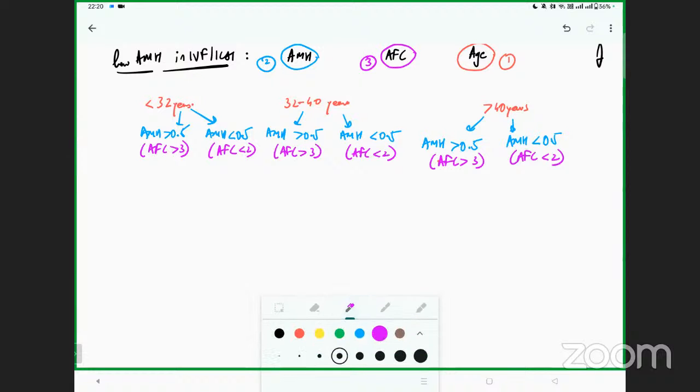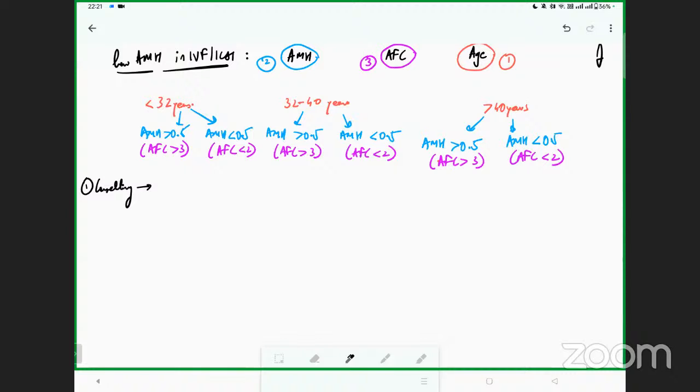Before you do IVF, the most important thing which I want to tell is about counseling. Forget the IVF. Remember the counseling. Whenever a patient is going to undergo an IVF stimulation with low AMH, dual stimulation protocols, or embryo pooling, which may indicate multiple stimulations, is going to be your protocol of choice.